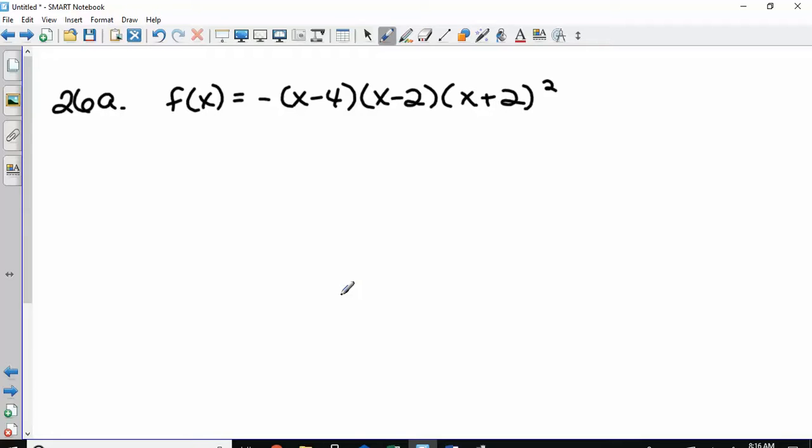First thing is degree. Degree is like saying if I multiply this all out, what would be my highest power of x? There's x times x squared, so overall it's a degree of 4.